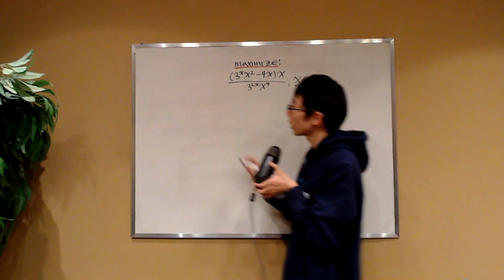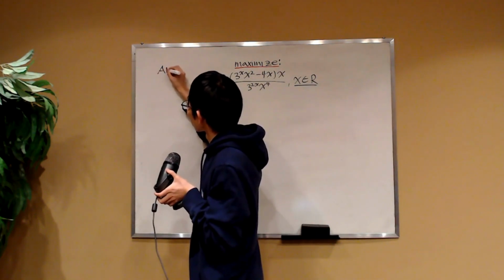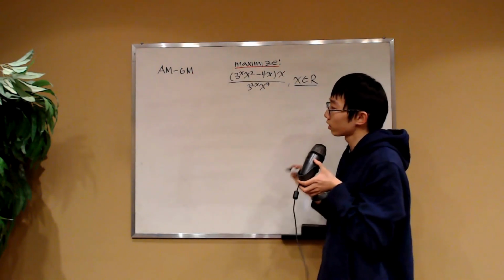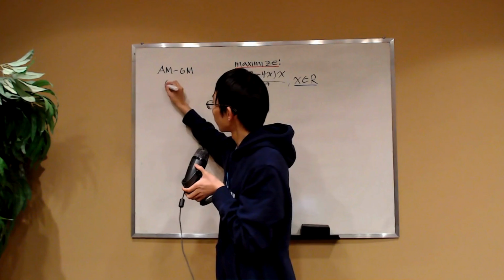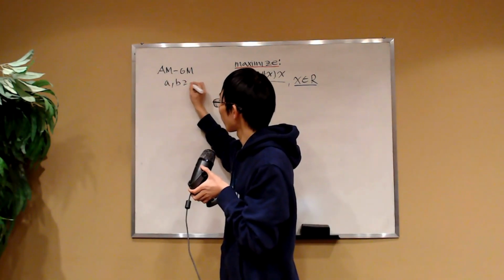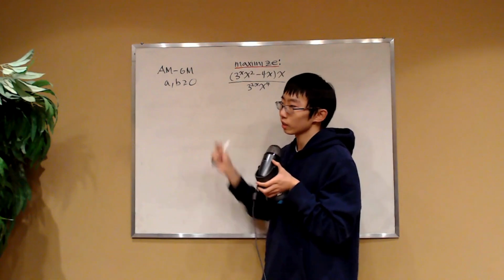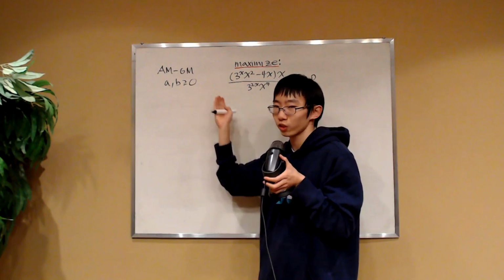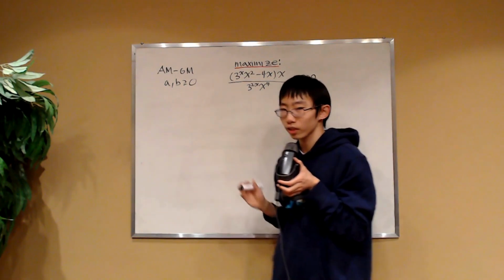The AM-GM inequality basically states that if we have two real numbers a, b, both non-negative, and by the way, this extends way beyond two numbers, but for now, I'm just going to cover the case for two numbers.